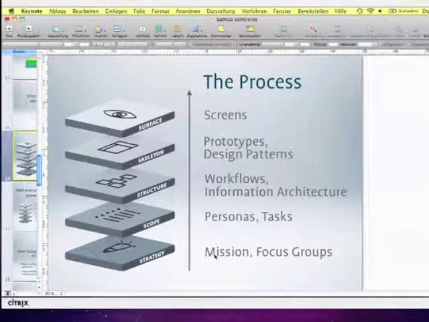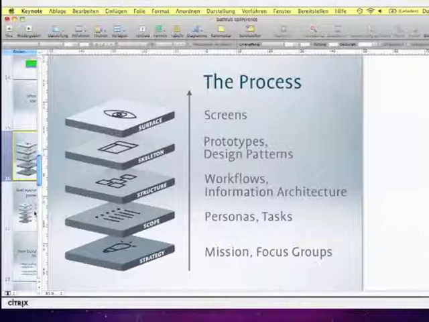This means you find out what your users have to accomplish with your products, and then you start thinking about how they can do that. How do we have to structure and organize your information in order to make this task really easy to accomplish? And then you start to think about prototypes, about how these workflows might translate into screens, and this is how the ideation process is shaped.